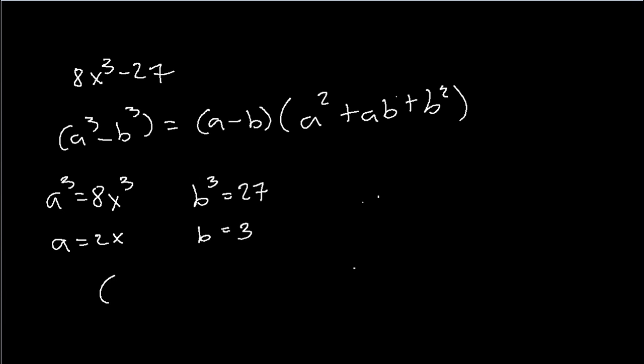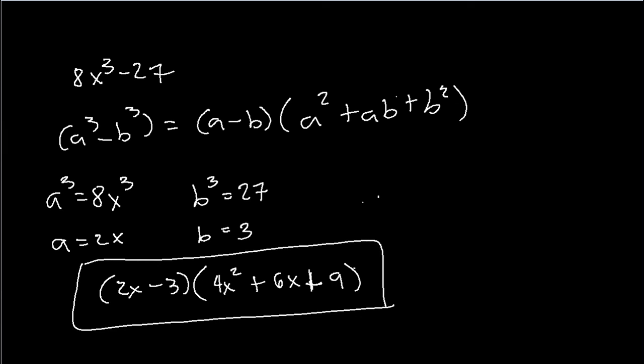A minus b, which is 2x minus 3, and then a squared is 2x squared, that's just 4x squared, and ab, or a times b, is equal to 2x times 3, which is 6x, plus b squared, or 3 squared, which will be equal to 9. This will be our answer for this expression.